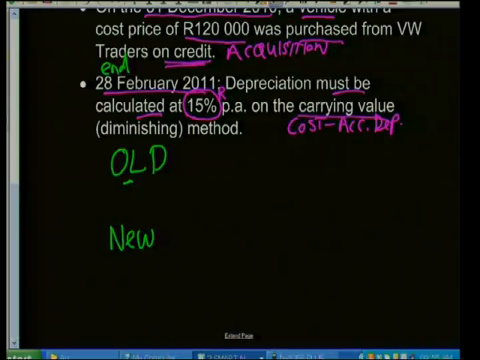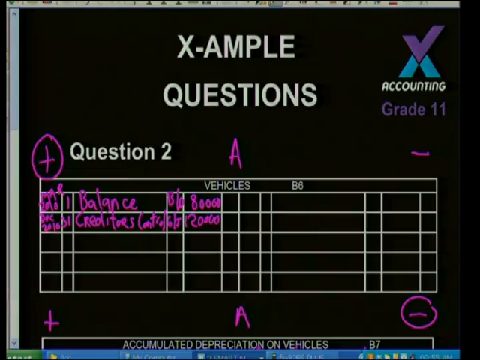We need to calculate the depreciation separately. So let's start firstly with the old vehicle. Again, we're going to need amounts, we're going to need the rate, and we're going to need time as well. Where do I get the amounts for the old vehicle? Let's go to our ledgers.